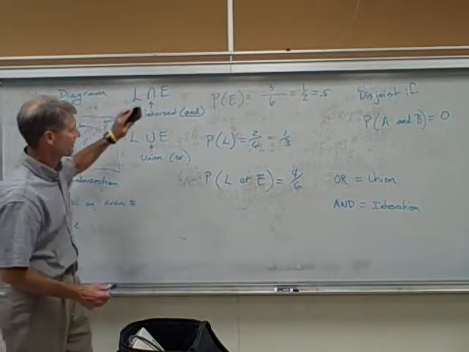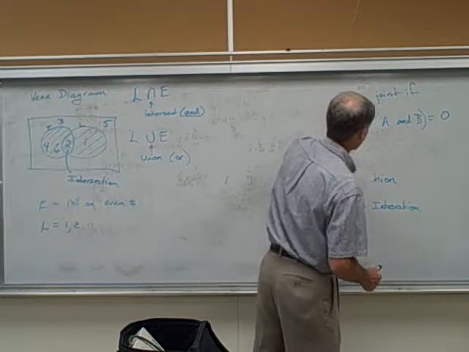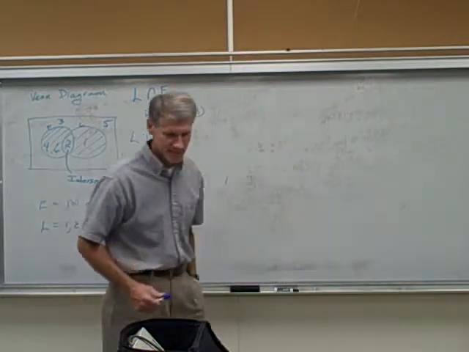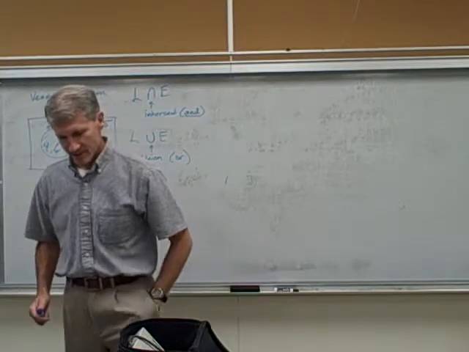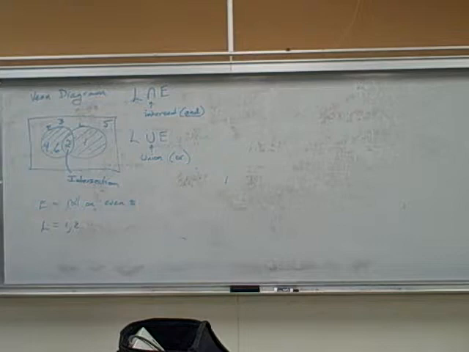Okay? Well, seems to me like you guys are awful good at this stuff. So when that happens, it's my job to try to make it more complicated. So, here we go. We said that if I flip this coin, I have a 50-50 shot of getting heads, right? Okay?